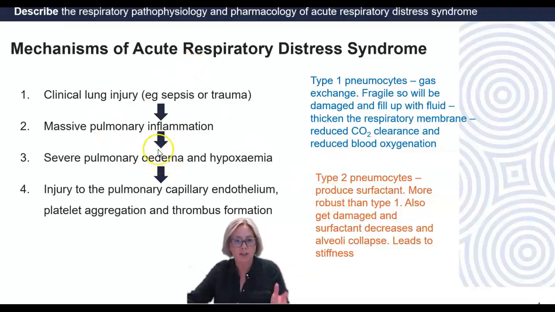However, with all of this inflammation going on, they also get damaged, and the surfactant tends to get washed out, and there's less of it being produced, and therefore this leads to alveolar collapse and stiffness in the lungs. And that's what's causing the restriction here, which is this stiffness.